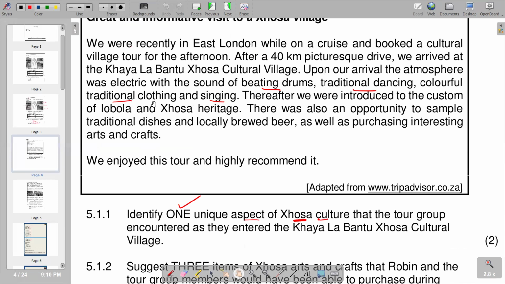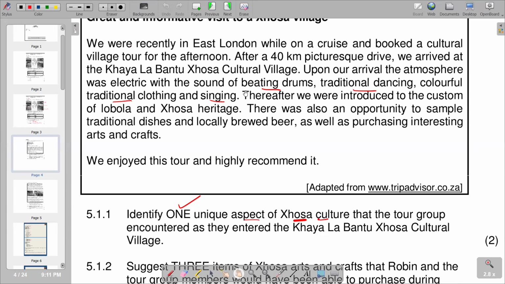There was the issue of traditional clothing. They were singing, and obviously music instruments can be one of the items that they can buy, in the form of maybe beating drums and other instruments related to music.